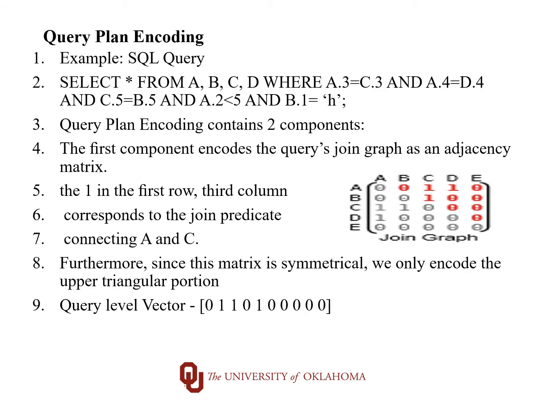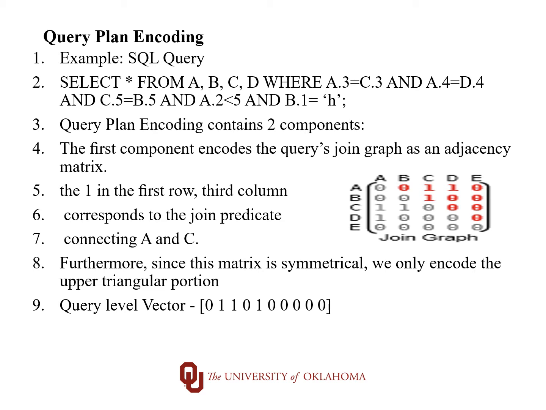Coming to query encoding, for example, take this SQL query. In this, a total of 4 relations are involved, and we have join predicates between A and C, between A and D, and between C and B, like that. The query encoding contains two components. The first component encodes the query's join graph as an adjacency matrix.